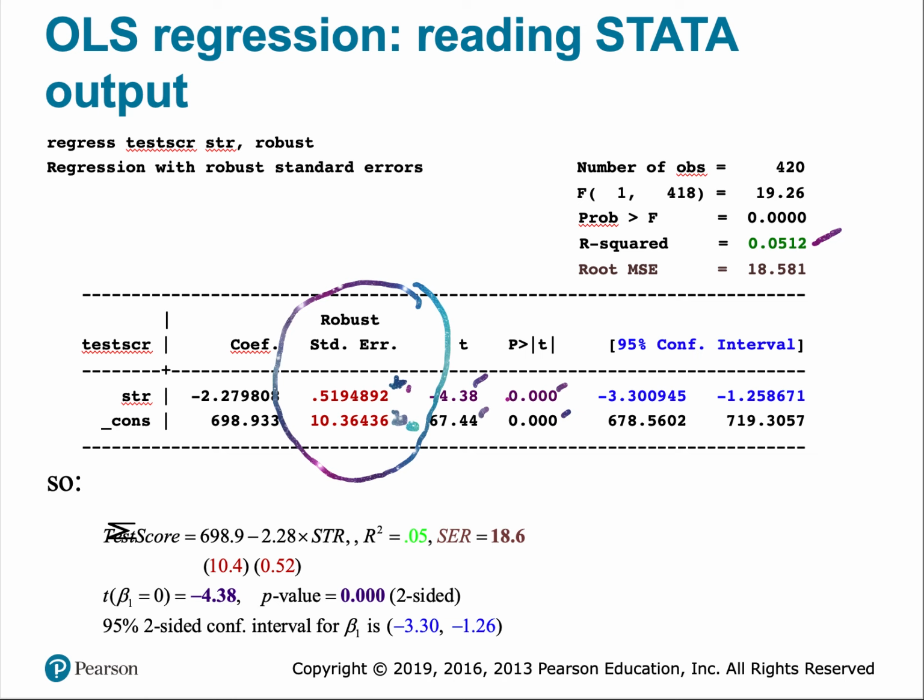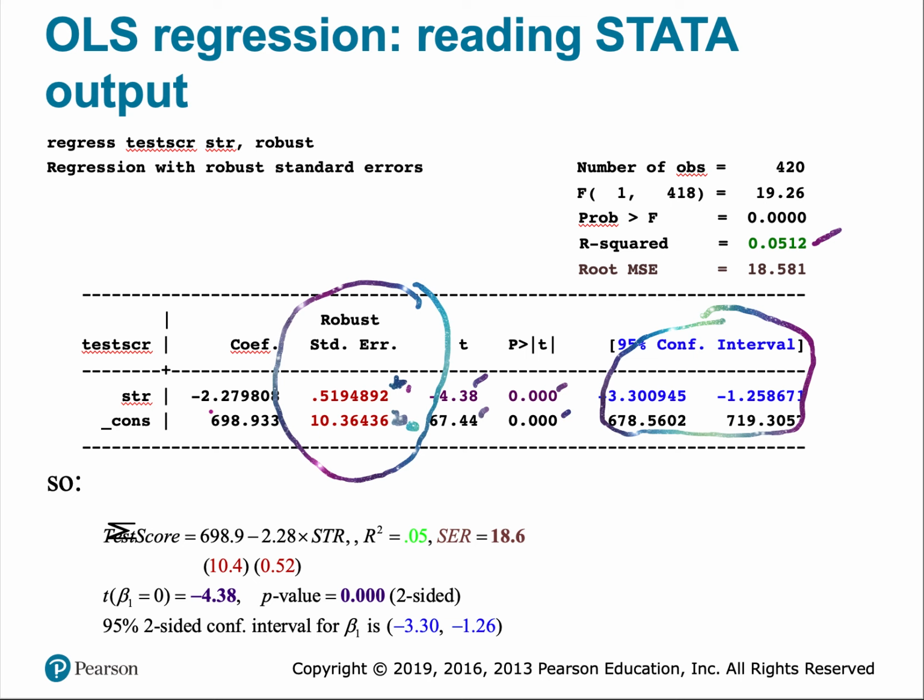We can see, based on the p-value, that the coefficients are statistically significant because the p-value is smaller than 0.05, so the coefficient is statistically significant at the 5% level of significance. The p-value is also smaller than 0.01, so the coefficient is statistically significant at the 1% level of significance. Finally, we have a confidence interval for our estimates.